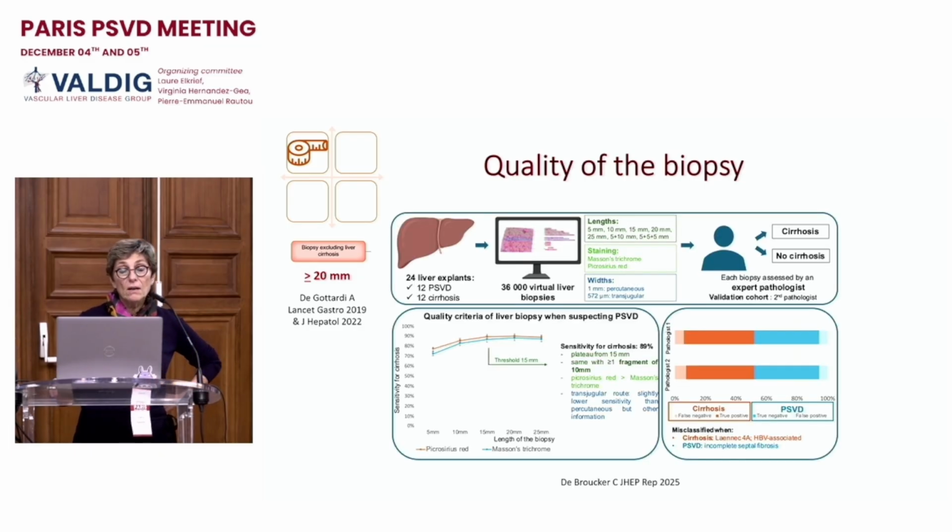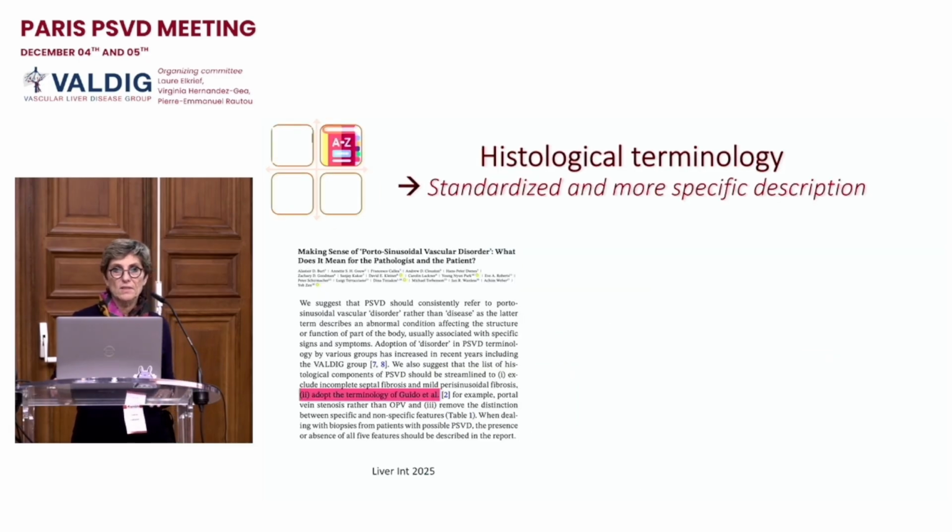Then we, in Beaujon, reviewed a quite great number of virtual biopsies from liver explants comparing patients with PSVD and cirrhosis, and we were able to demonstrate that a liver biopsy with 15 millimeter length with at least one fragment of 10 millimeter is really very performant to rule out the diagnosis of cirrhosis.